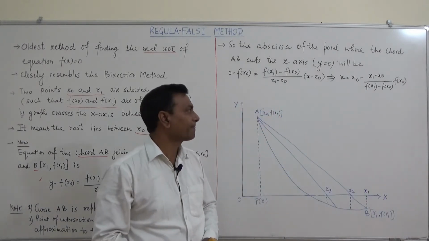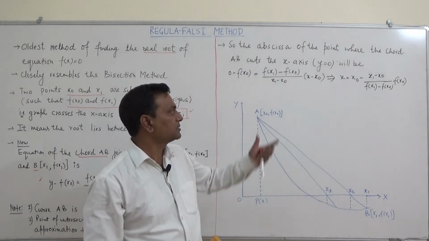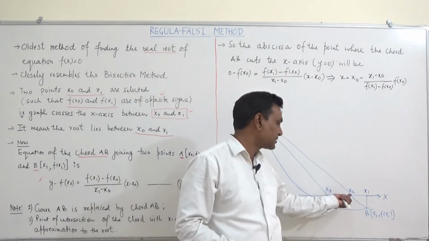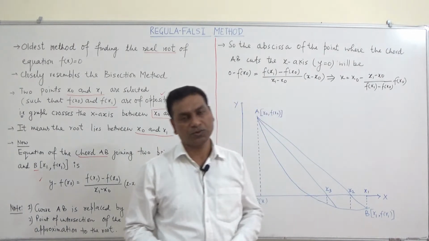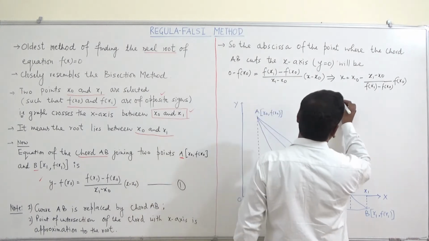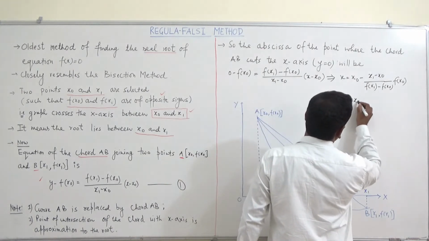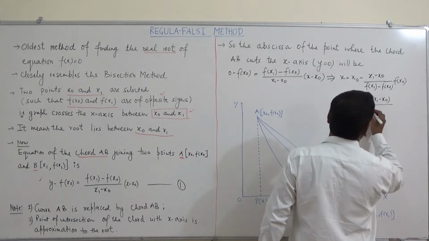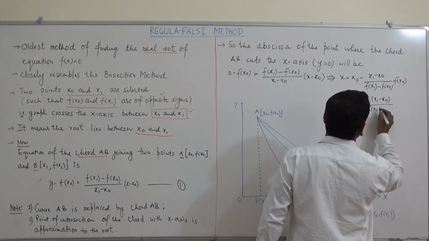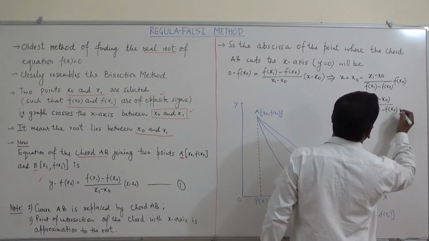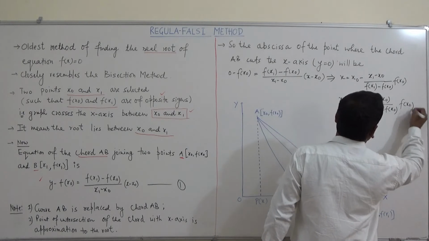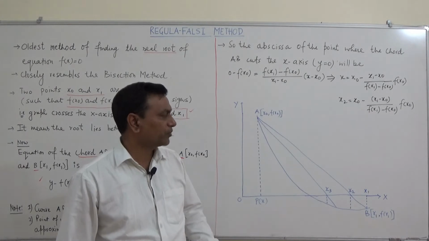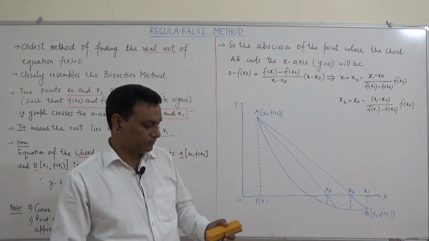This is the simple version of this equation, and because we know that this chord AB is cutting at this particular point, this is x2, so we can say x2 is x0 minus x1 minus x0 divided by fx1 minus fx0 into fx0. So this is the required root, or the required approximation of the root.